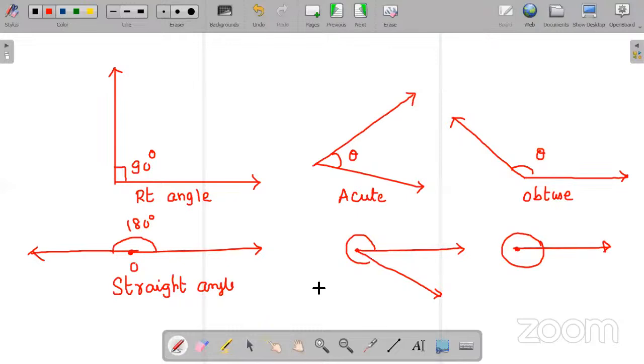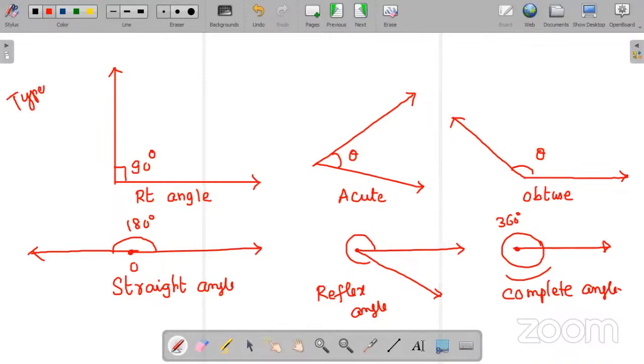This is a reflex angle. This will be 360 degrees, a complete rotation, one rotation. So this is called a complete angle. Now you have understood the types of angles. I hope it's very clear to you.